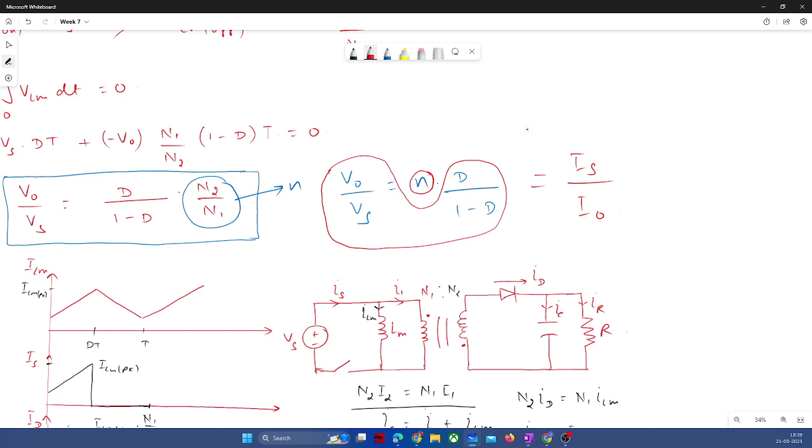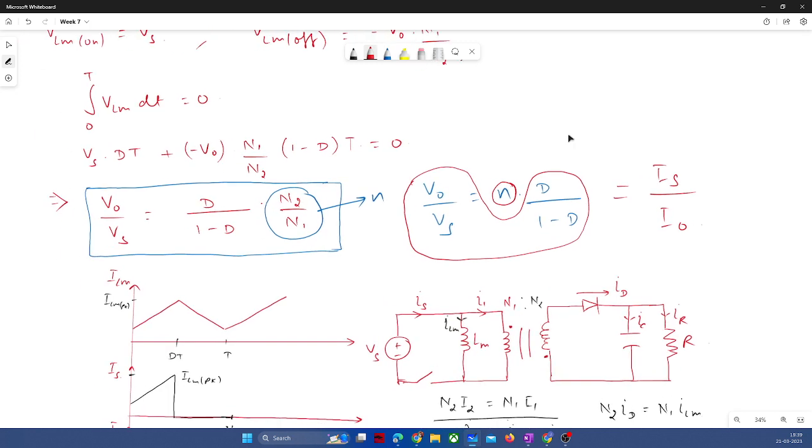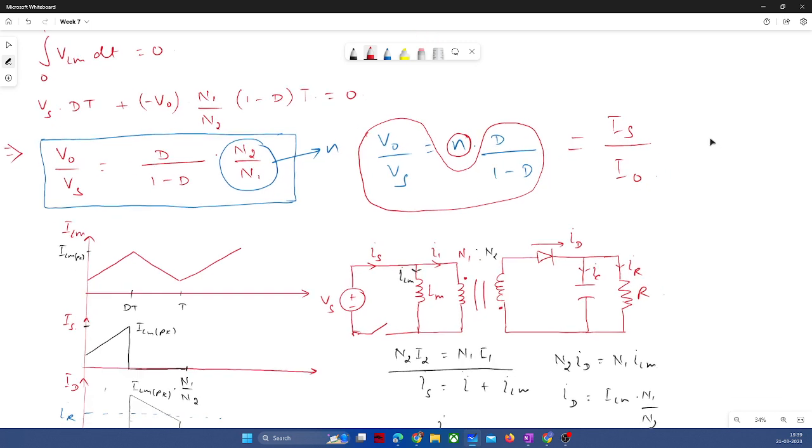Yeah, Ajit, we are assuming this converter as lossless, so you can directly write it. Is is the current that is coming out from the supply, not the primary winding current. The primary winding current may differ, but the supply current will be the same.